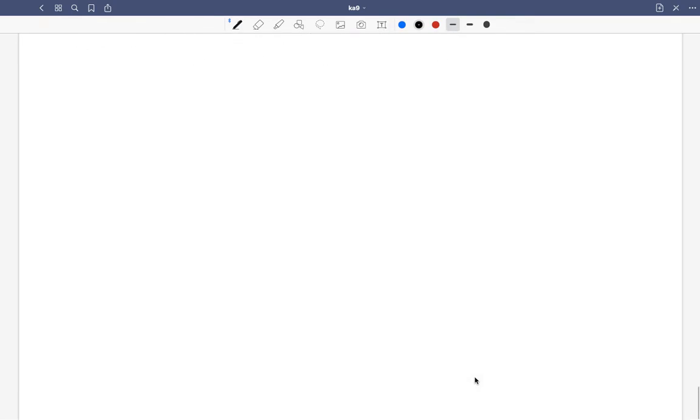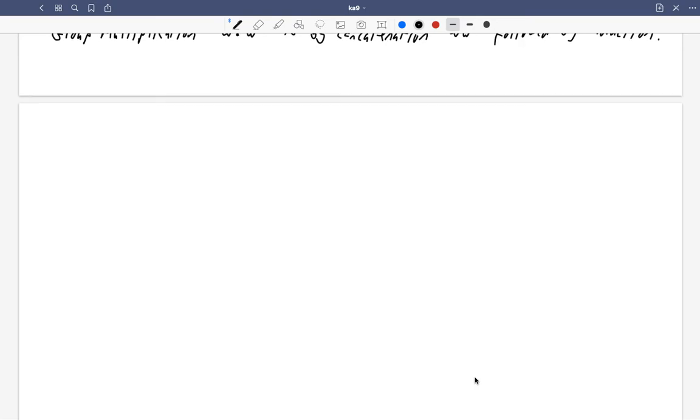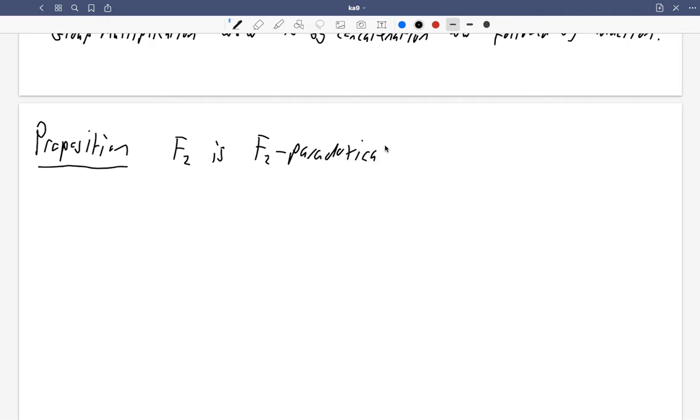And now our lemma is going to be, let's have it as a proposition rather. Proposition: the group F2 is itself paradoxical. So remember, any group acts on itself as a left or right action.